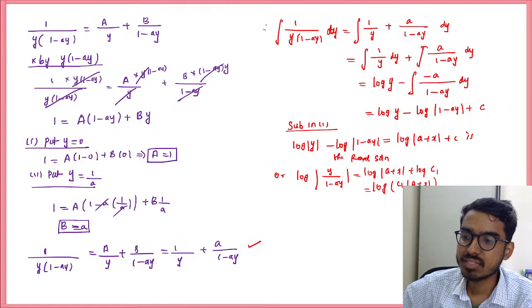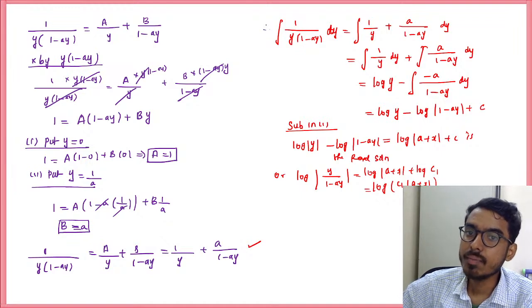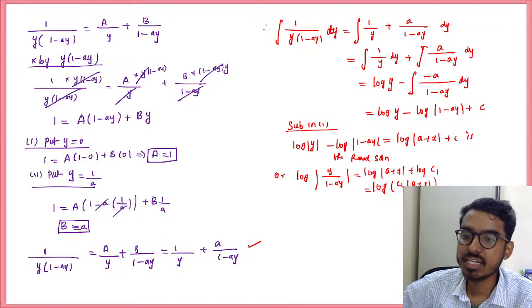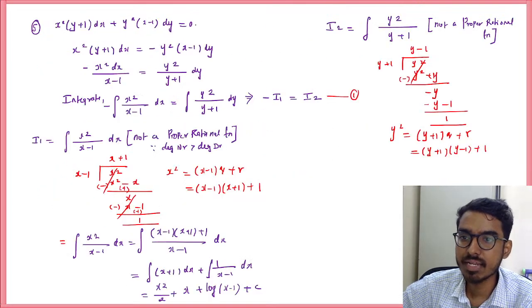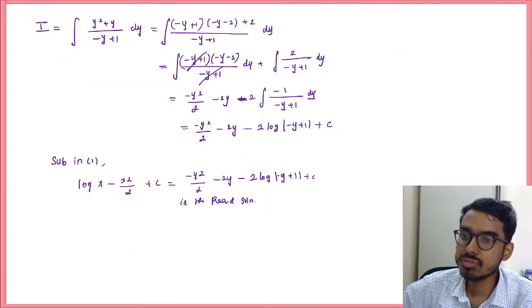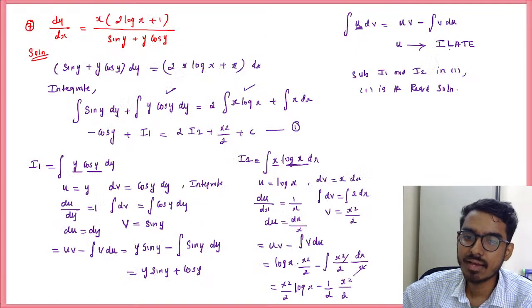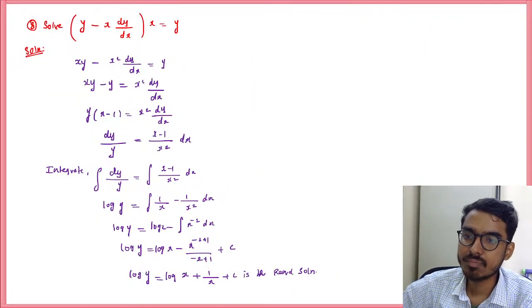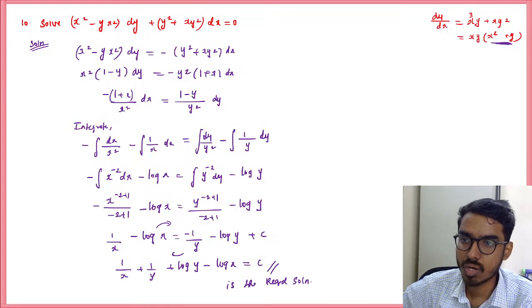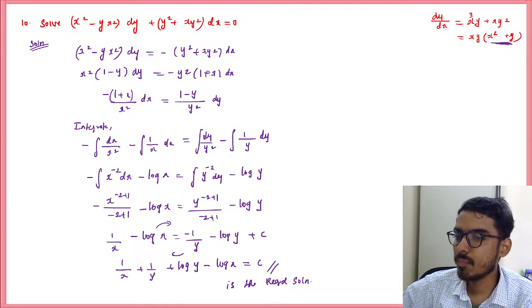If not a proper rational fraction, you can go for division algorithm. After performing division algorithm, it will be converted to a proper rational function, and then you can integrate, right? That is what the third, fourth, and fifth problems are about. And the sixth, seventh, eighth are very easy, right? Integration by parts.